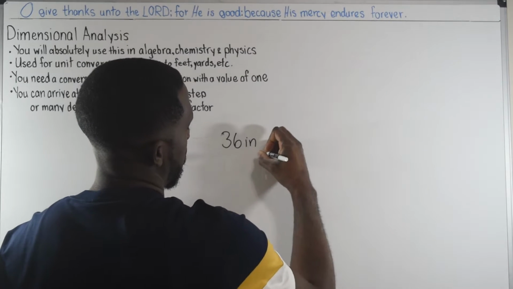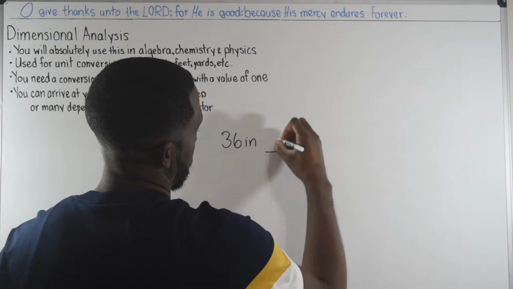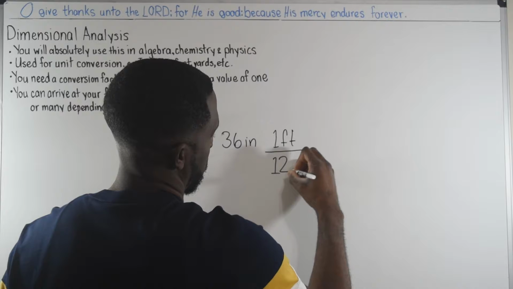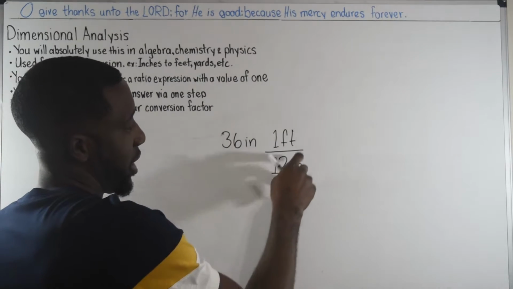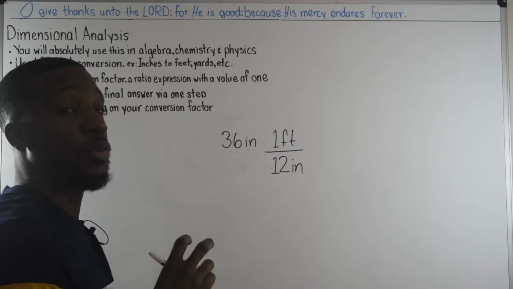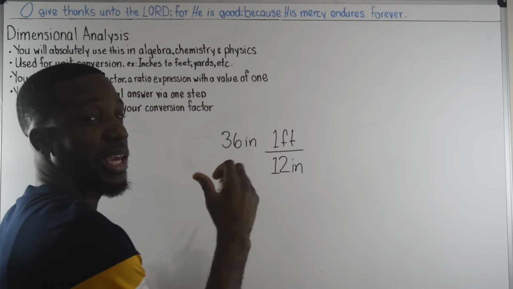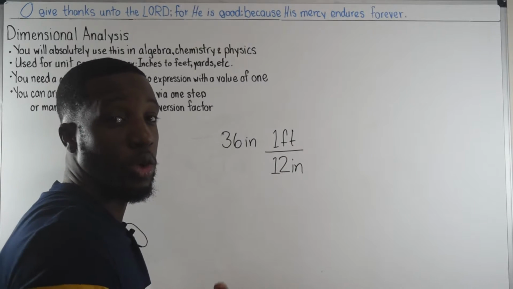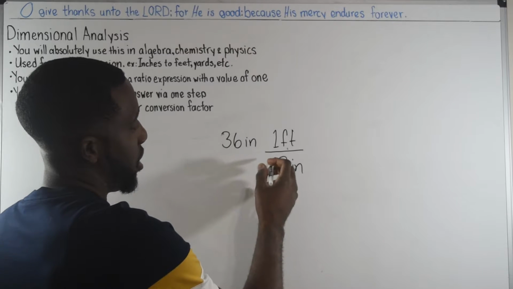So your conversion factor is going to be, okay, I have inches and I got feet right here. All right, so the way you're gonna decide how to write it is whichever units you want canceled out is going to be on the bottom, and whatever unit you want your final answer to be is going to be at the top. So I have this right here.